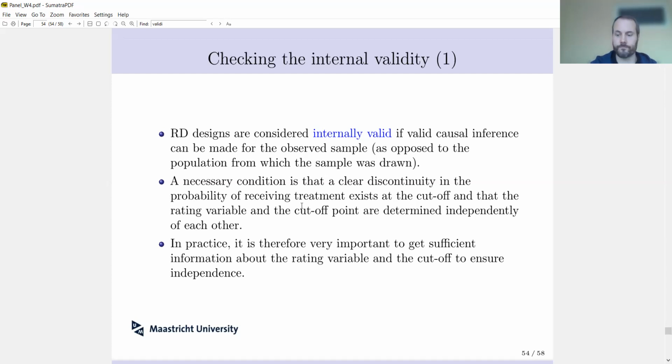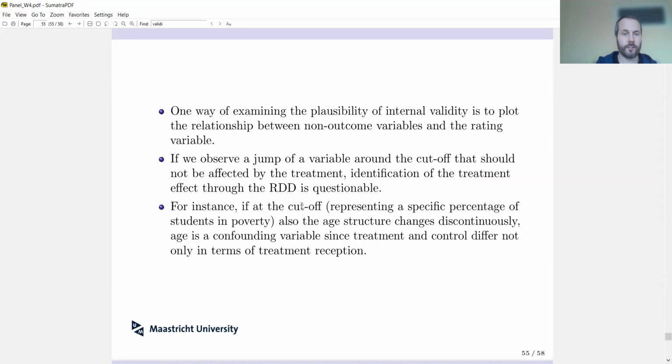Okay, now let's look at some plots. We want to plot the relationship between non-outcome variables and the rating variable. Now, why is that important? In the lecture, we have stressed many times that only the treatment probability jumps discontinuously at the cutoff. If any other variable also jumps at the cutoff, that variable will be a confounding variable.